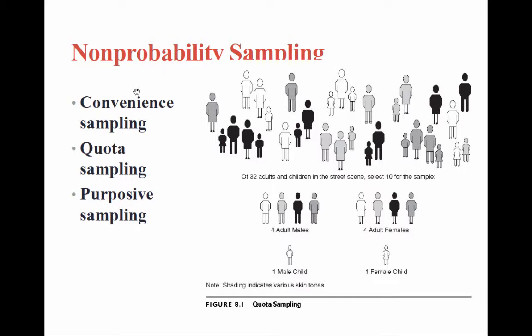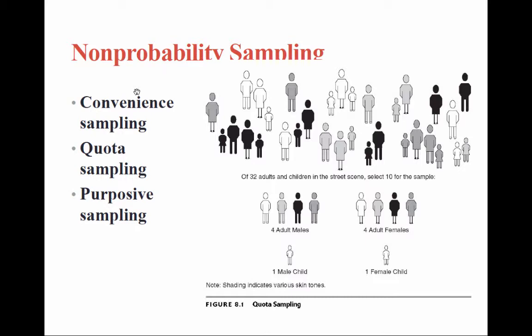So what you see here in the figure is that I have 32 people. I want to have 10 in my sample. That would mean that, given what the population looks like, I want to have 4 males, 4 females, and a child that's a male and a child that's a female.